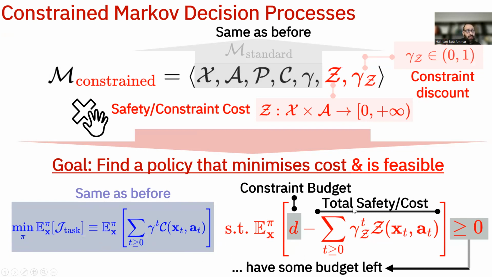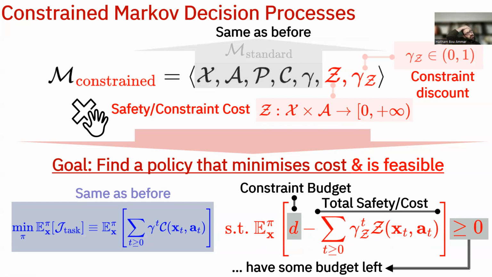And now, because this Z function is the same as the C function, we can also just write it as the summation over Z of x_t, a_t, like we wrote C of x_t, a_t. But now, instead of using the standard gamma, we have its own specific gamma, because we want to give you the flexibility to have your own way of designing the safety cost.